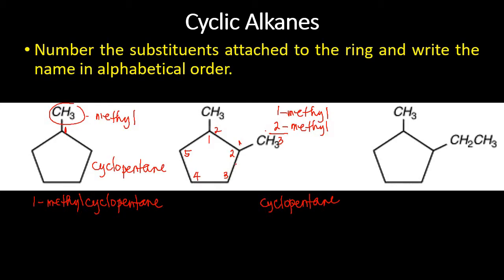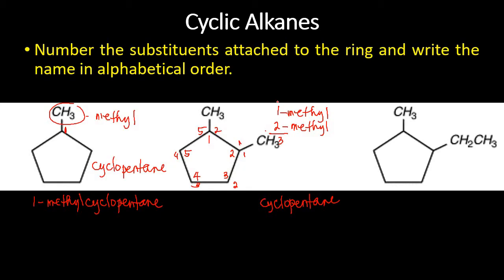Hindi natin pwedeng simulan dito 1, and then 2, 3, 4, and then 5. Then name that as 1-methyl and 5-methyl. Why? Our goal is to have the lowest possible number for our substituents. So pag ginawa nating 1-methyl and 5-methyl, a total of 6, higher siya. So the lowest possible number is 3.